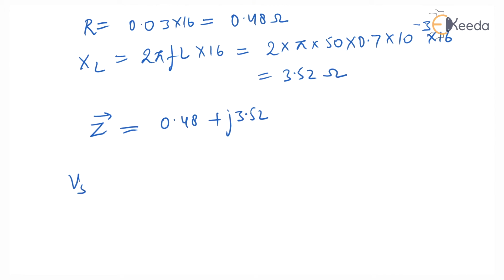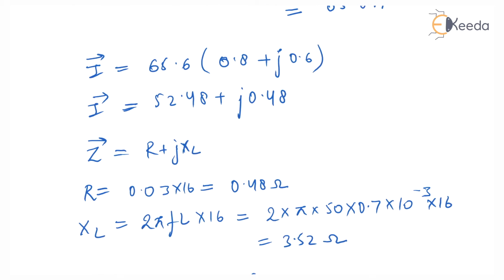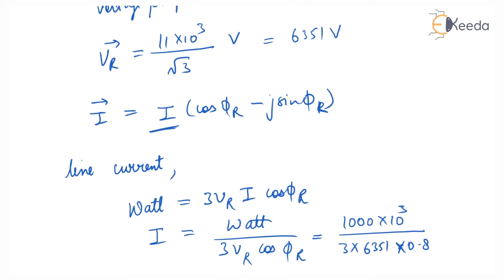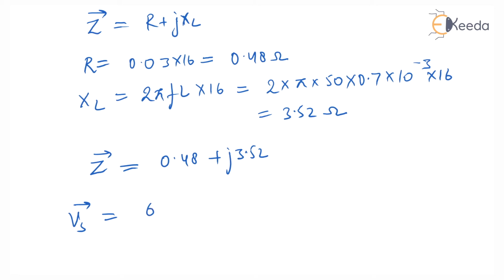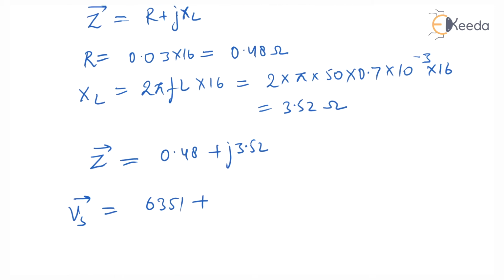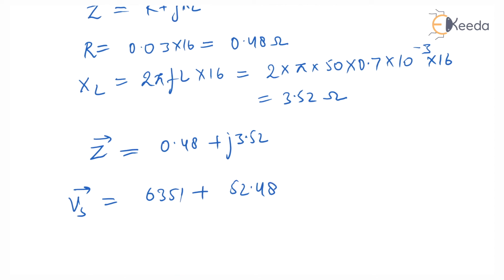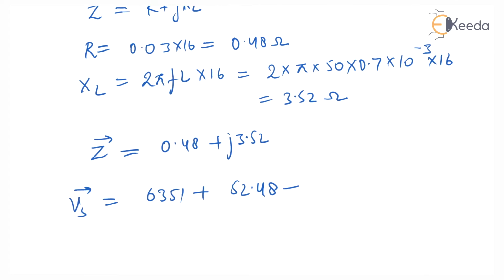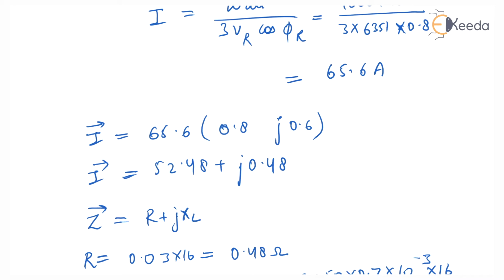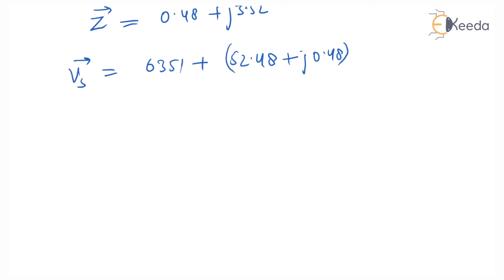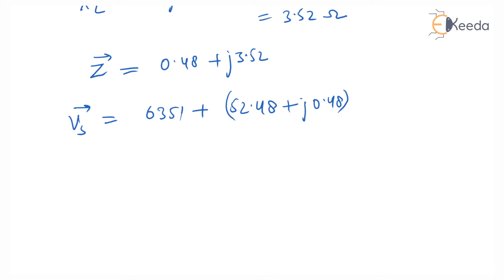Now put the value. So vector Vs is equal to vector Vr, which is 6351, plus vector I, which is 52.48 minus j 39.36, into vector Z, which is 0.48 plus j 3.52.